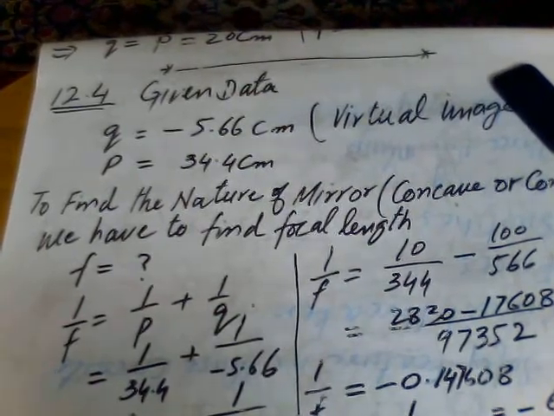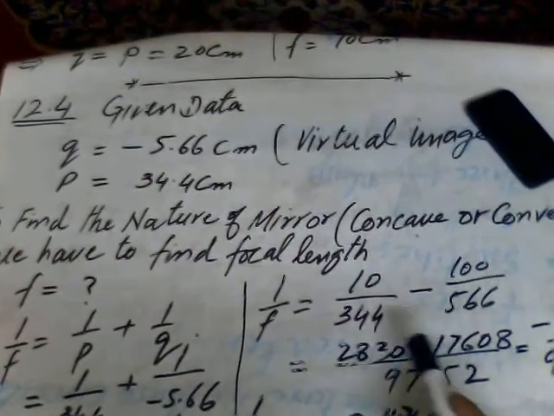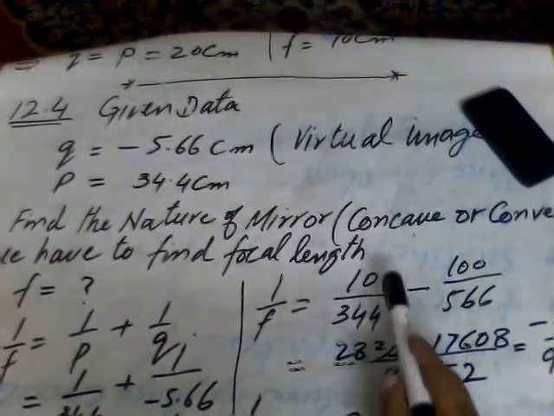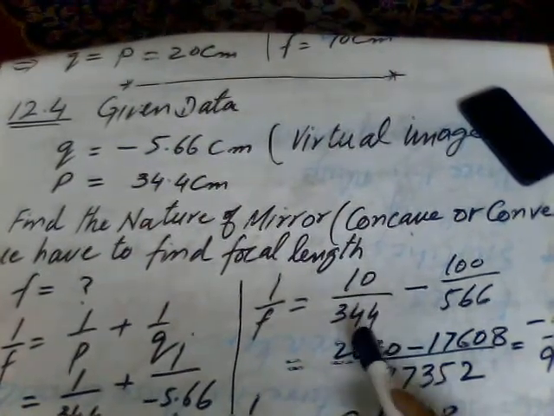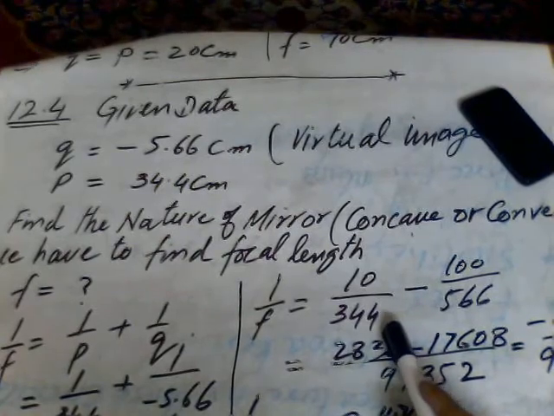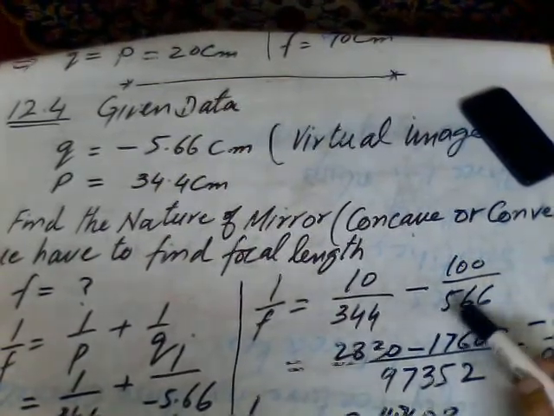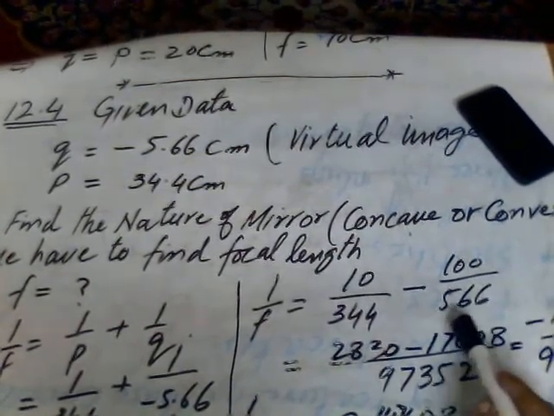To simplify it, first we will remove the decimal points. By removing the decimal point from 34.4, 10 will come here and the decimal will automatically be removed from this. Likewise, this was 5.66 and now 100 over 566.